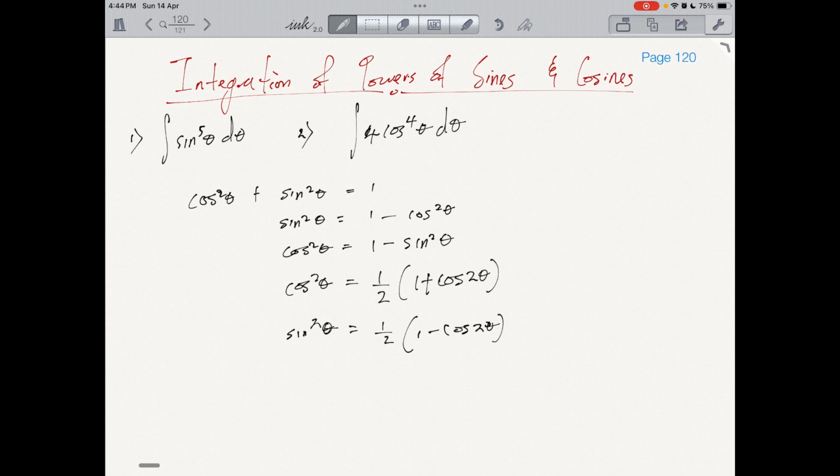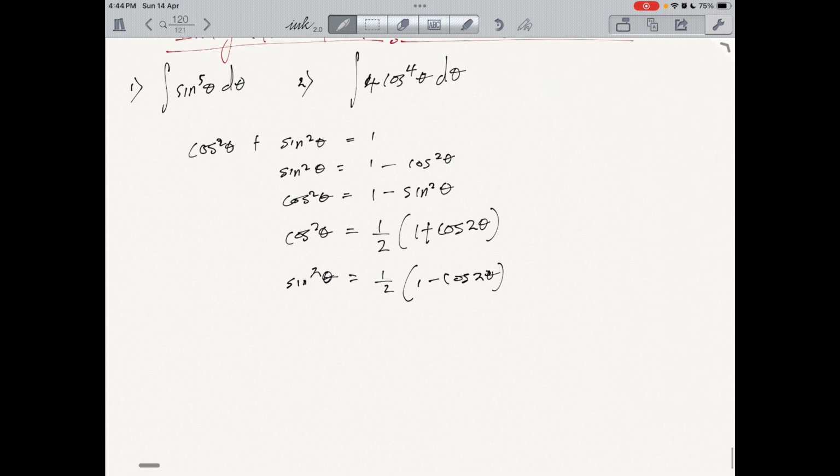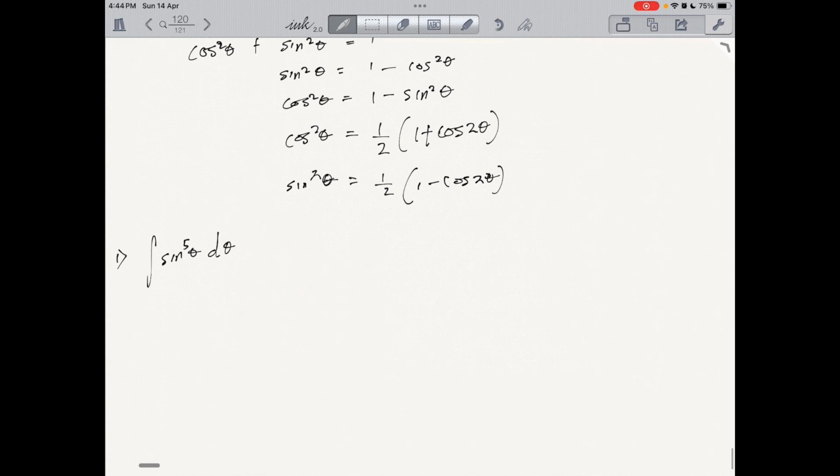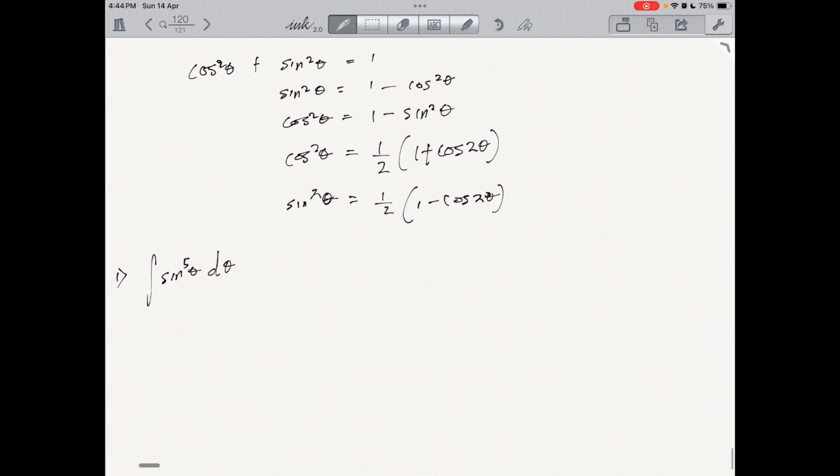So let's take our first example. It says, let us integrate sine raised to power 5 theta with respect to theta. Now, we know that sine raised to power 5 theta is equal to sine theta raised to power 5.